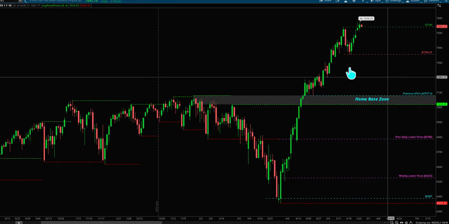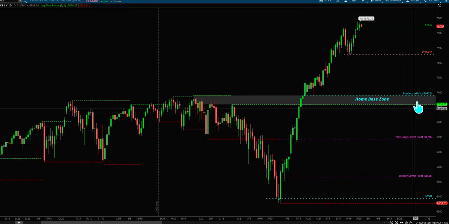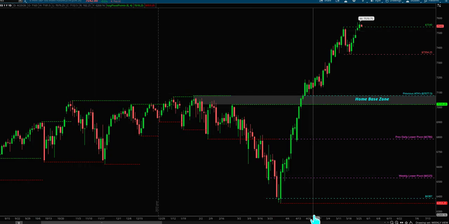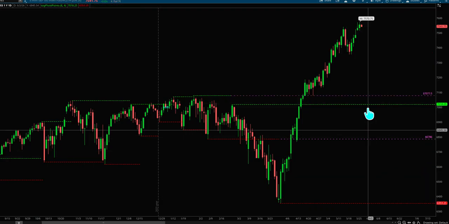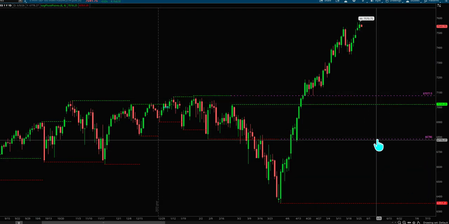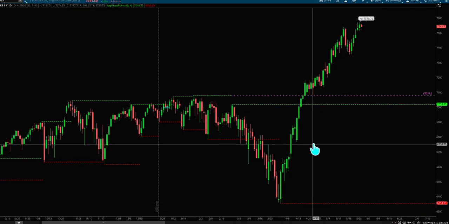Daily time frame. Now before we dive into it with a little bit more detail, when we're zoomed out and we're looking at the markets, let me go ahead and take this off.